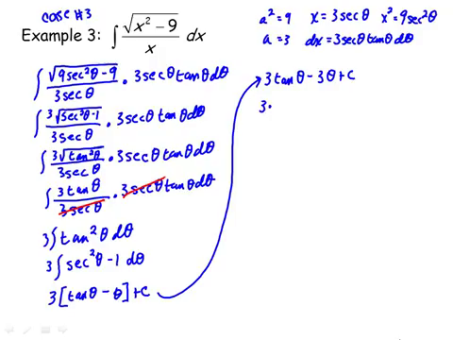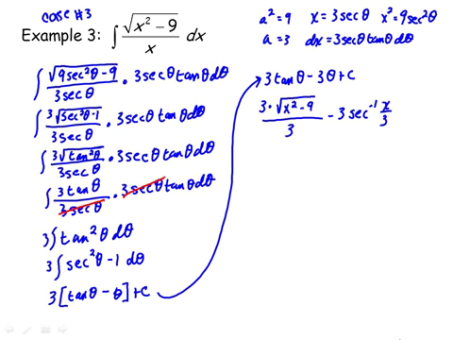Case 3 tangent theta is the square root of x squared minus a squared over a, which is going to be 3, minus 3 times theta. Do you see theta on your sheet? What is theta equal to? Secant inverse of x over a, x over 3, x over a.